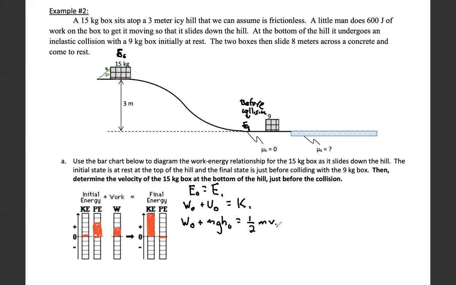m v1 squared. Though we don't need it now, let's get into the habit: we notice there's two masses, so let's call this one m1 and this one m2. I'm going to call these m1 and m1 because this is before the collision, before they combine.